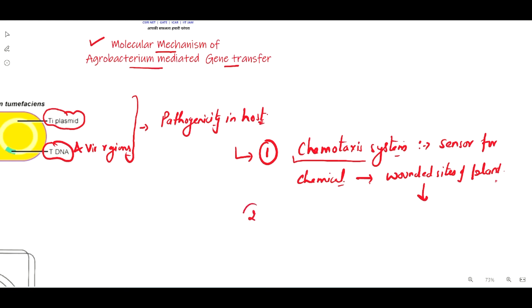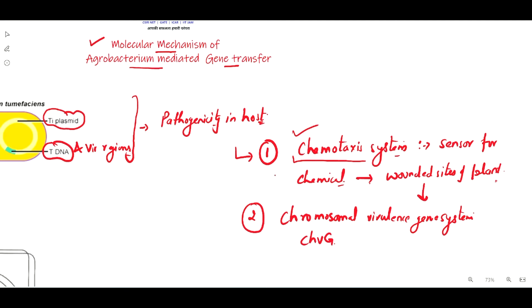Another change which occurs as the chemotaxis system gets activated is that the chromosomal virulence gene systems, for example ChvG and ChvI, get activated, which senses the acidity or sugar released from the wounded sites.